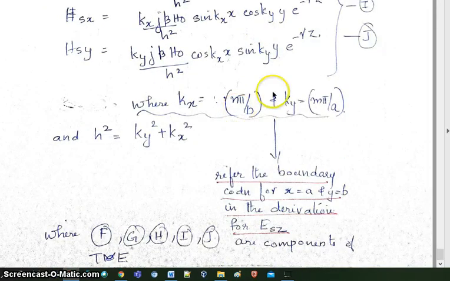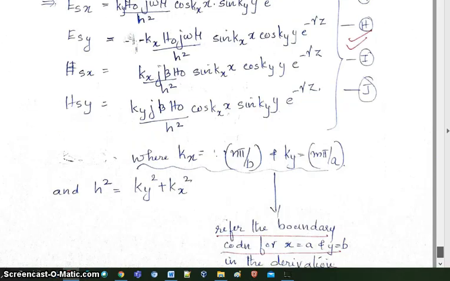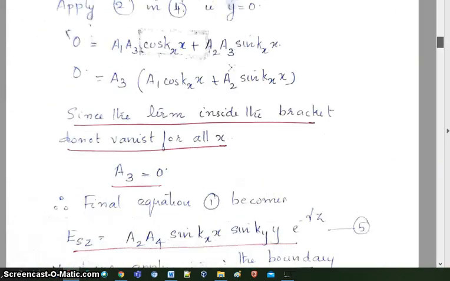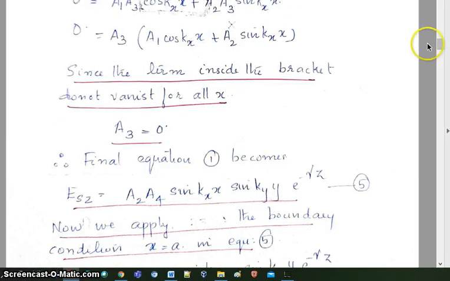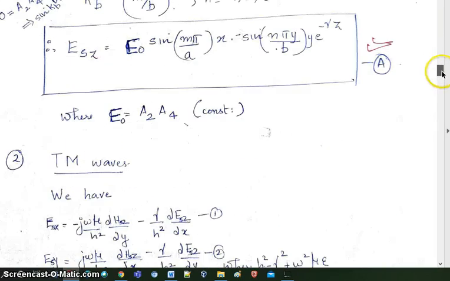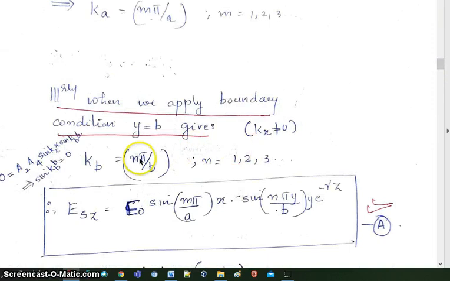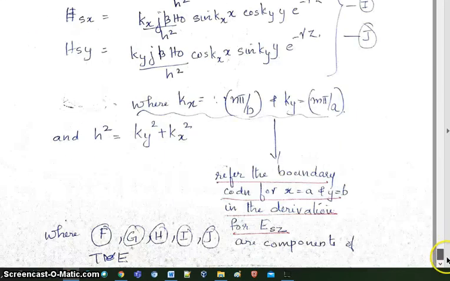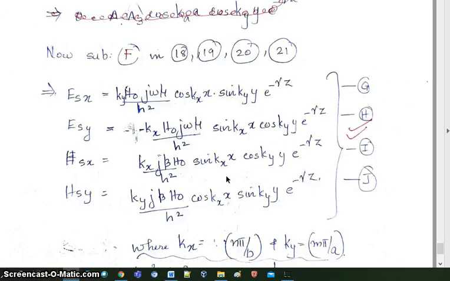And for getting the values of kx and ky, you can follow the same derivation which we used to derive Esz, that is this one, okay, the same derivation you can follow. And so finally I can say F, G, H, I, J are the components of TE mode.